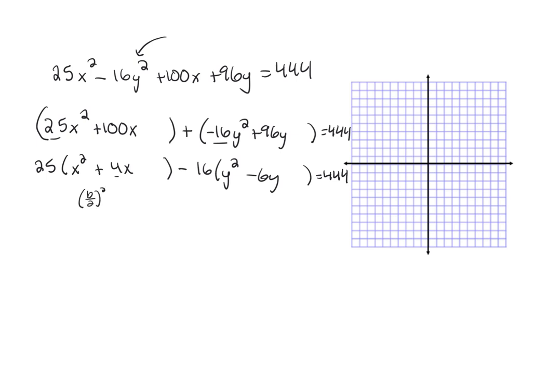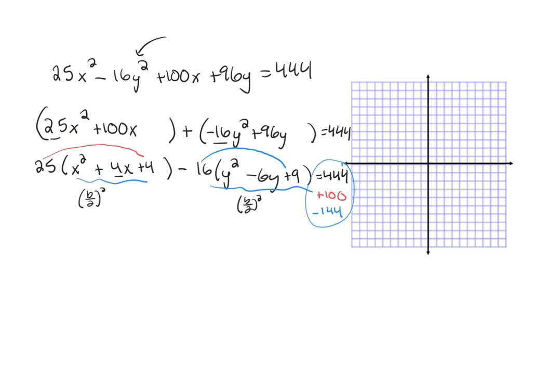So 4 divided by 2, squared, so I've got 4, but because I'm adding 4 to balance it out, I actually have to add 100. And then over here, the b divided by 2, squared, I'm going to add 9, but technically that would be a negative 144. So we'll have to combine these and then factor these.